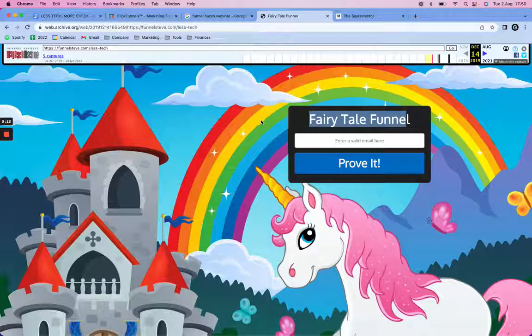A few years ago, we actually modeled something similar to this. It was for a different offer and a different niche, with different copy. We didn't do a fairy tale theme, but we had this style of opt-in page where there was nothing other than a box, a headline, email input, and a button. And I think at scale, we were getting like 40 to 50% opt-ins, and thousands of people had opted in.